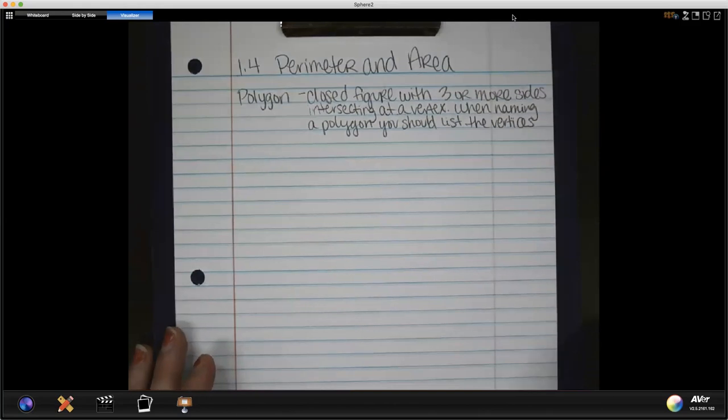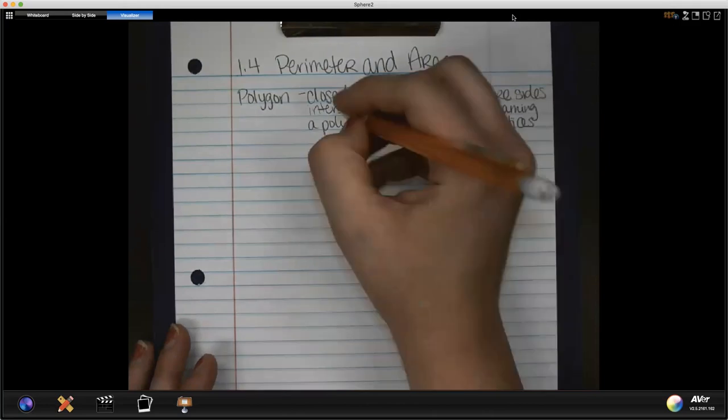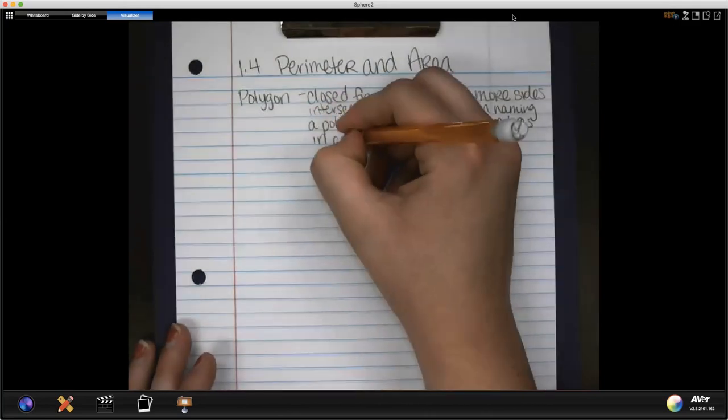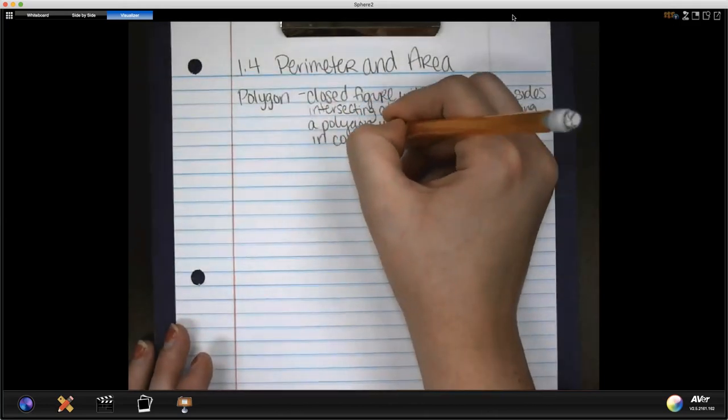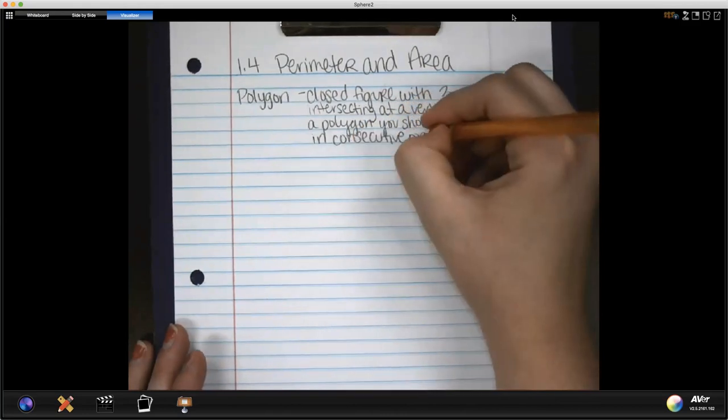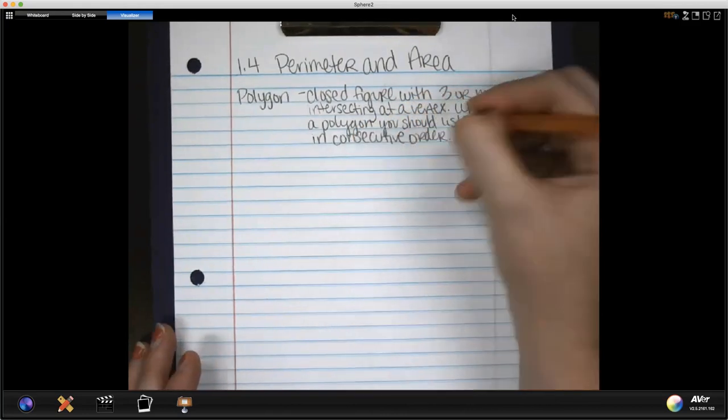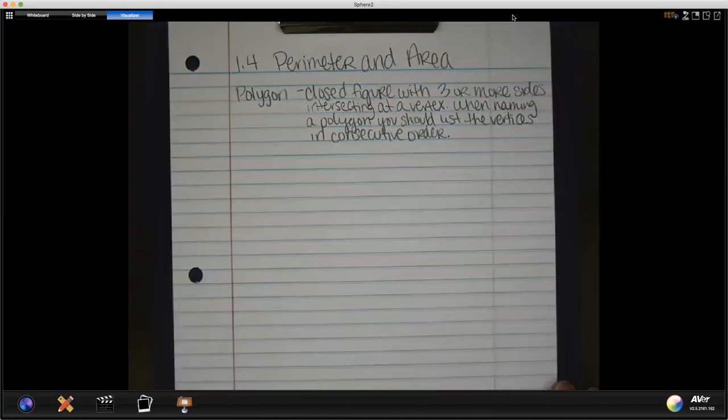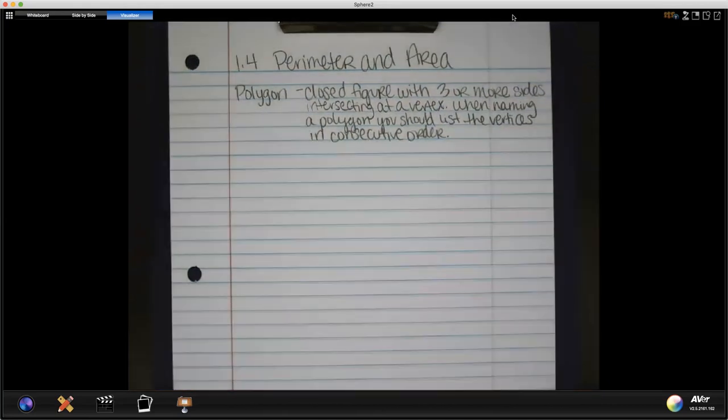Okay, so versus vertexes, it's vertices. Okay, in consecutive order. Okay, so a polygon is a closed figure with 3 or more sides intersecting at a vertex. When naming a polygon, you should list the vertices in consecutive order.